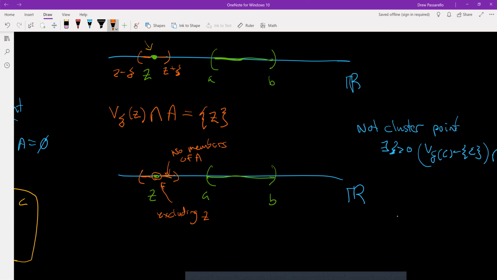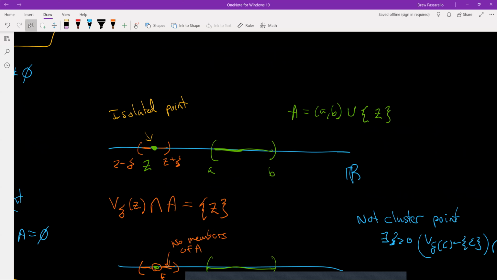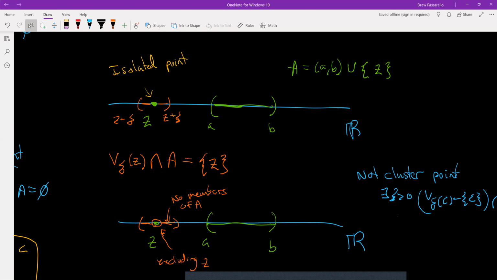So that means it's an empty intersection with the set A in this delta neighborhood. In other words, the regular delta neighborhood around Z intersecting A is the set Z.